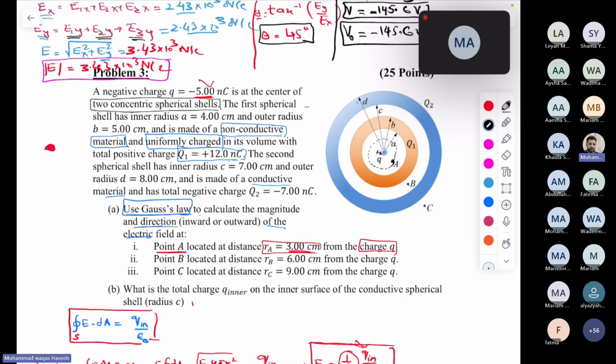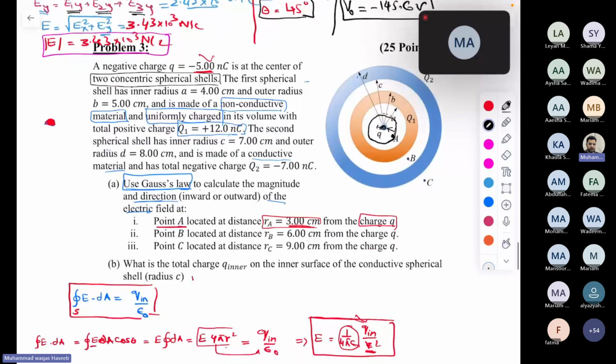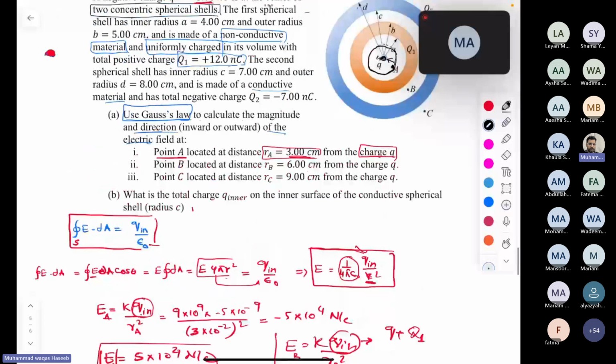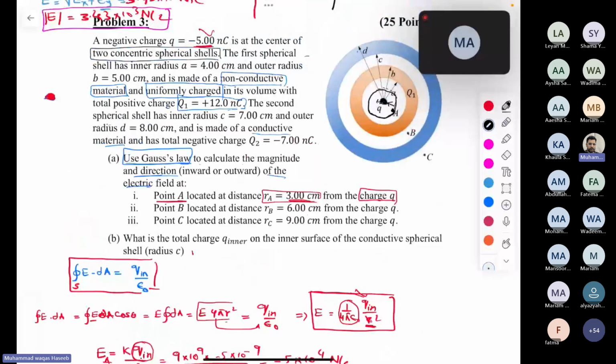This negative charge has the electric field inward. So this Gaussian surface contains a charge, and that's why its electric field is not 0. Its electric field has to be due to Q in, which is this charge with a value of negative 5.